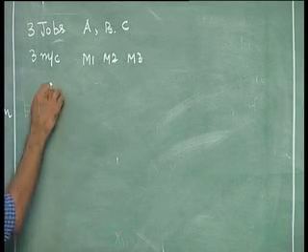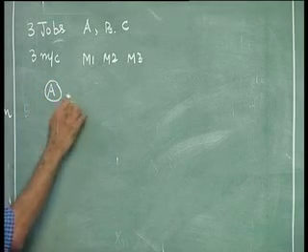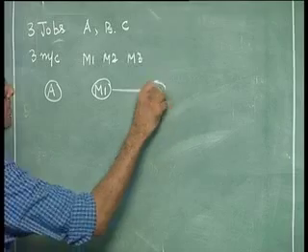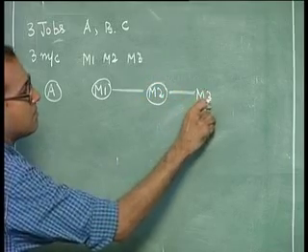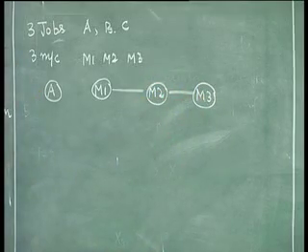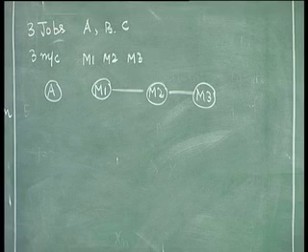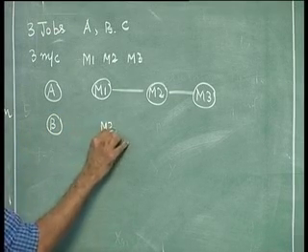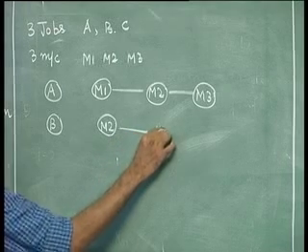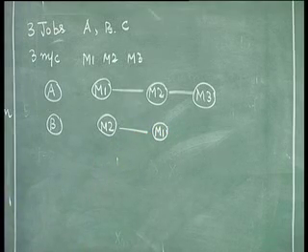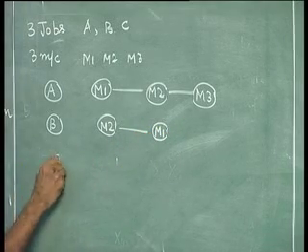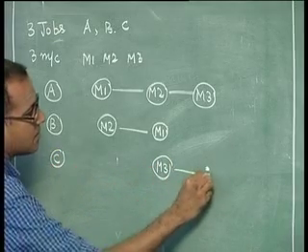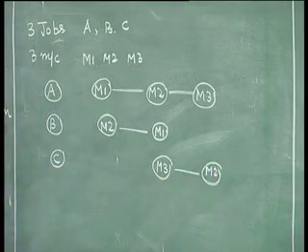Now, let us say job A will have M1, M2, M3, this will be the route. Job B will have M2, M1, and say job C will have M3 and then M2.